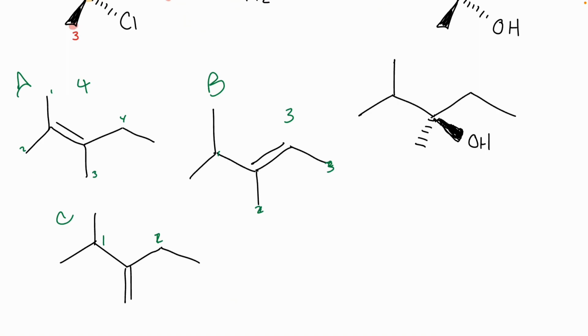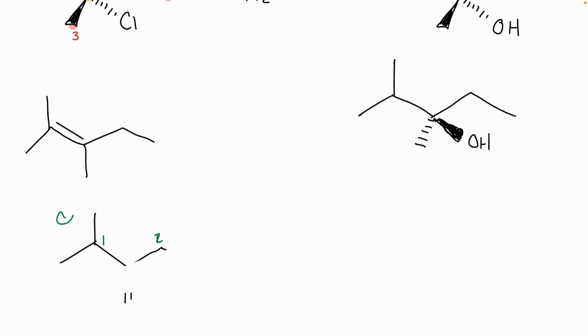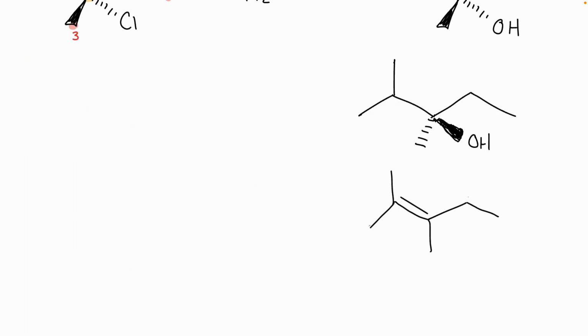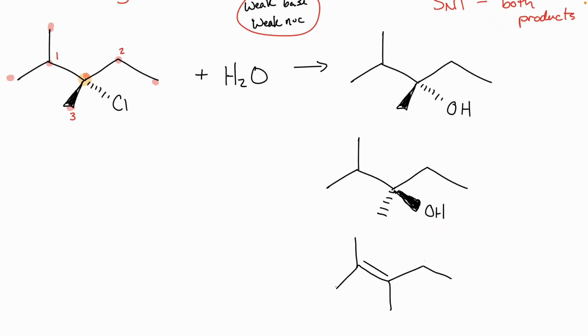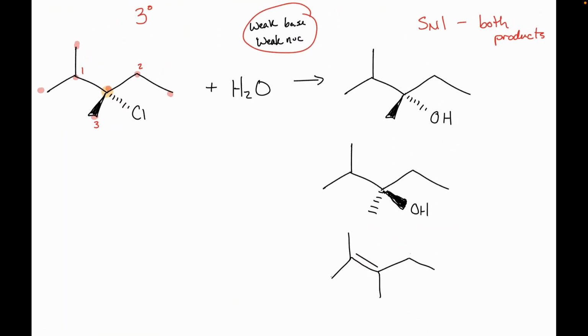So yes, A is going to be my major product. So when I'm drawing my products of this reaction, let me just get rid of all these markings. I'm going to have my 2 substitution products as well as my major elimination product here. So all 3 of these we would expect in our mixture if we reacted our tertiary alkyl halide with a weak nucleophile, weak base.